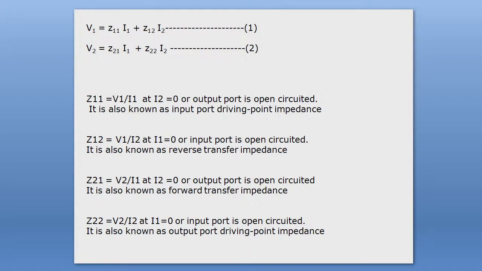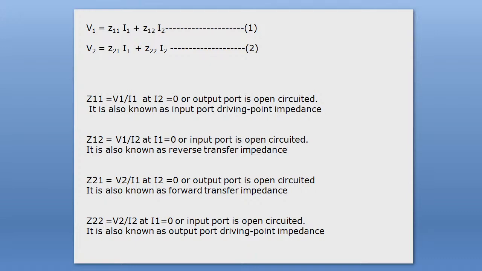and these parameters are classified into two categories. One is driving point impedance, another one is transfer impedance. The transfer impedance is of two types: reverse transfer impedance, if I2 is taken as the denominator, and if I1 is taken as the denominator, then it is known as forward transfer impedance.